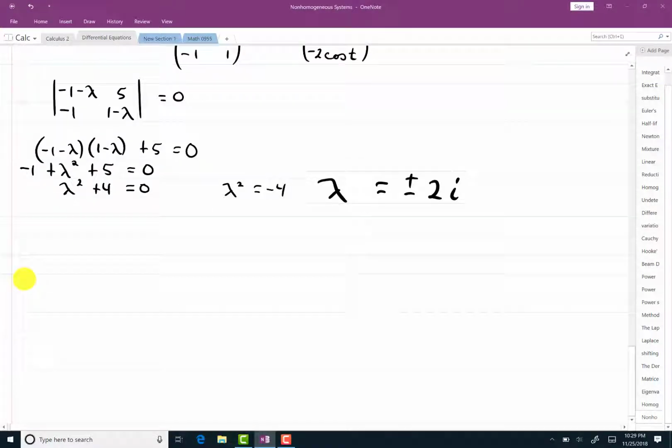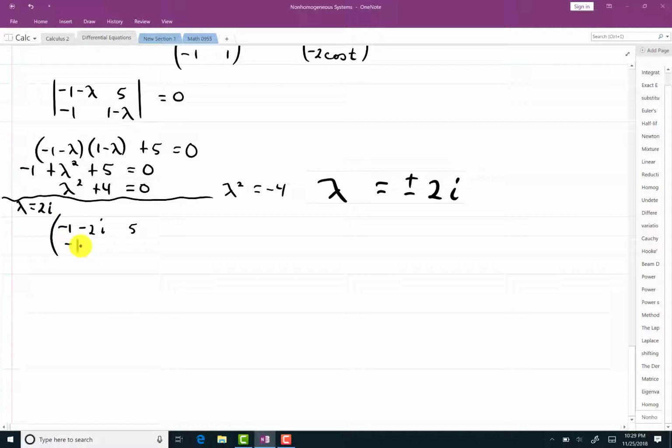Let's plug those into A minus lambda I. I'm going to start with lambda equals 2i. So I have negative 1 minus 2i, 5, negative 1, 1 minus 2i.